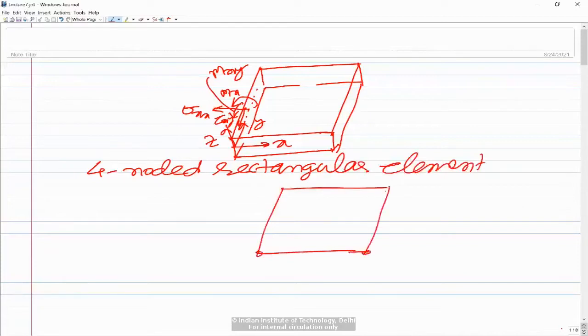We have 4 nodes in the element. This is z axis, this is x. This is node 1, 2, 3 and 4. The coordinates are 0 comma 0, a comma 0, a comma b, and 0 comma b.